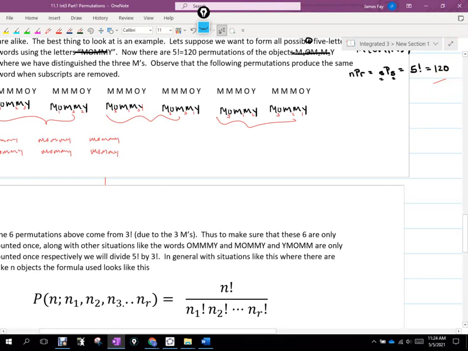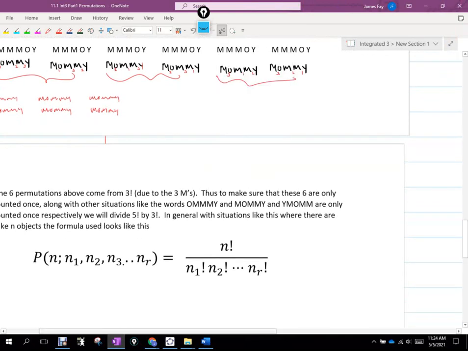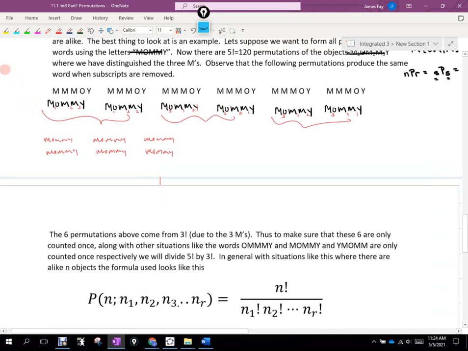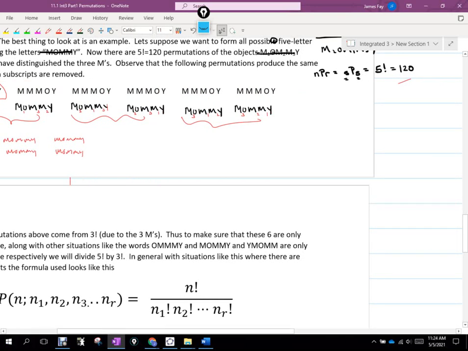But there are also other orderings like M-M-O-Y, where it goes like 1, 2, 3, maybe 1, 3, 2, 2, 1, 3, 2, 3, 1, 3, 1, 2, 3, 2, 1. Those 6 are also inside this 120.